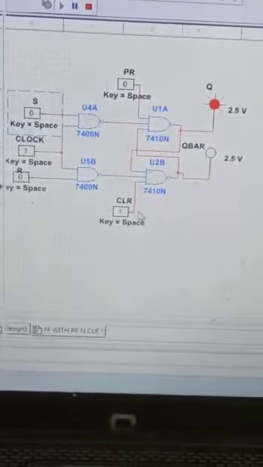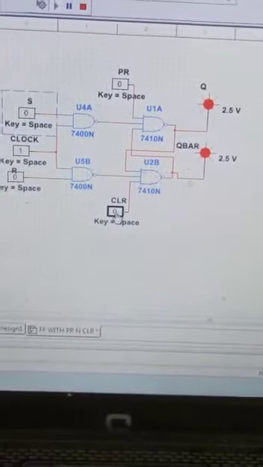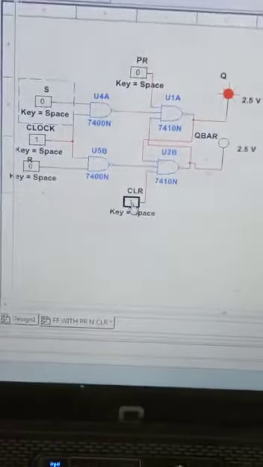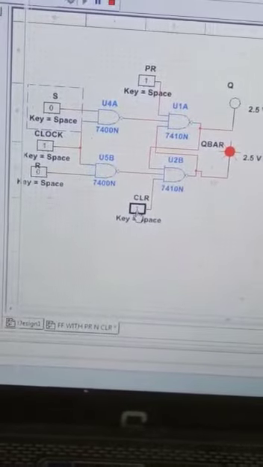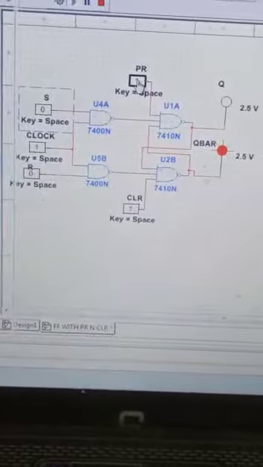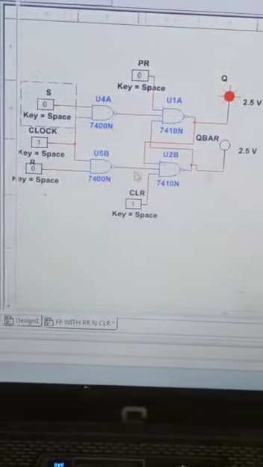See here, if I make clear 0, it will clear the flip-flop. Now see here, if I make this preset 0, it will set the flip-flop.